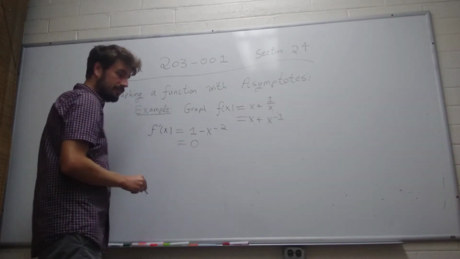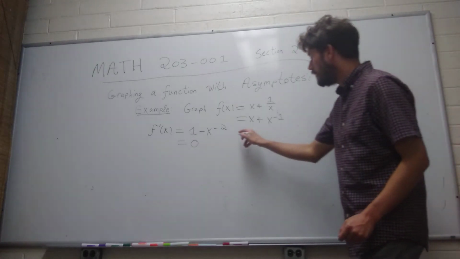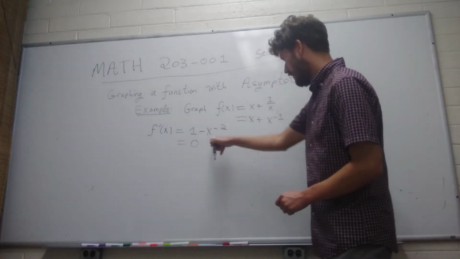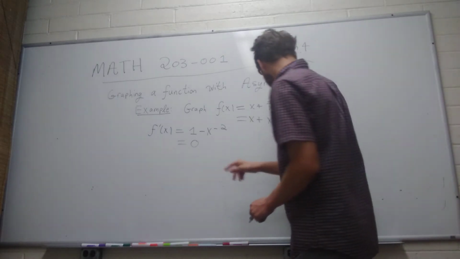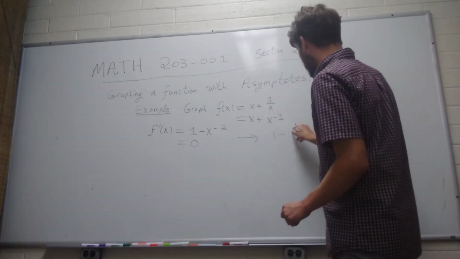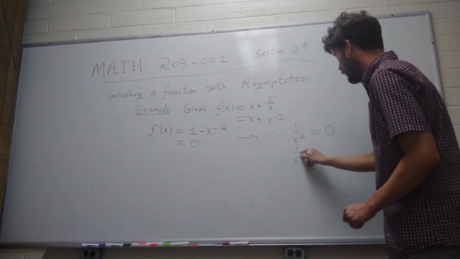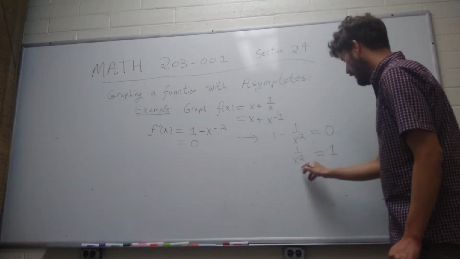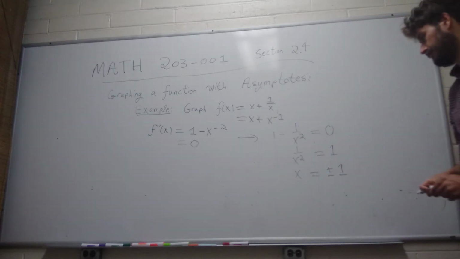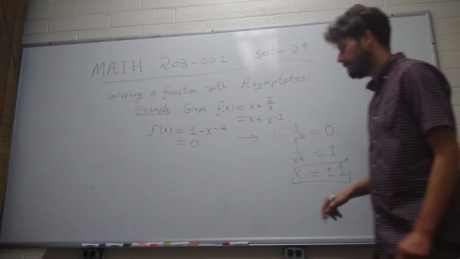If we set this equal to 0, we'll get the critical numbers for this function. So this 1 minus x to the negative 2 is the same as 1 minus 1 over x squared equals 0. It's the same as 1 over x squared, which equals 1. It's the same as x being plus or minus 1. So these are the two critical numbers.